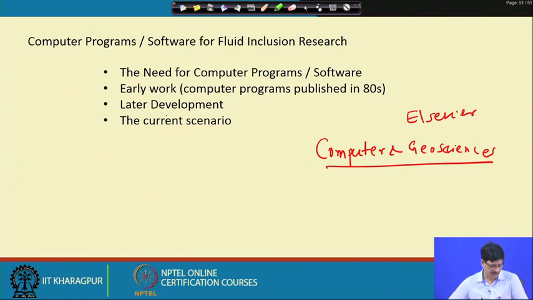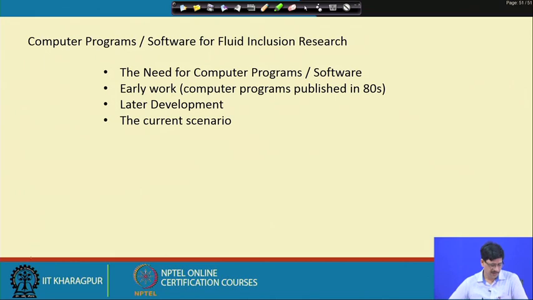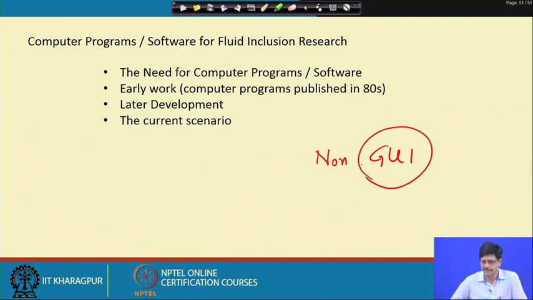Those kind of programs which were written in high level programming languages like Fortran or BASIC, these days this computer is available to anybody and everybody, and the operating system, the Windows operating system that we use, is so much graphical user interface based that we simply click the mouse on a button and get many of the jobs done.